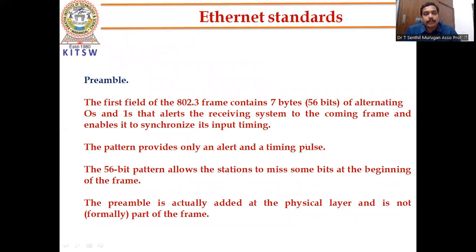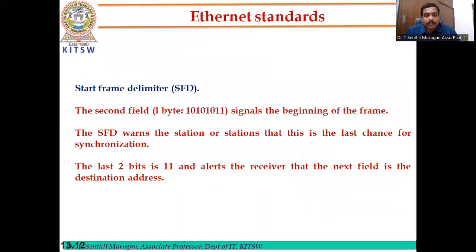So what is the preamble? I told you, 56 bits, like 7 bytes of data. So 7 into 8 bits, 56 bits, alternating zeros and ones, will be sent to synchronize the sender and receiver. Once the 56 bits are over, it will send the delimiter. The delimiter is 1 byte.